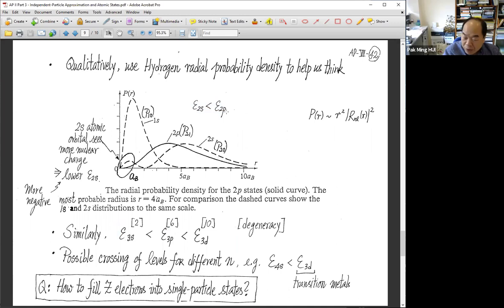If you simply take the hydrogen wave function and plot the radial distribution function, that is R squared, the radial part squared, okay? You will see for the s state, there is always a little bump closer to the nucleus, which is 0, because the 2s will see the more attractive nucleus that will lower its energy a little bit.